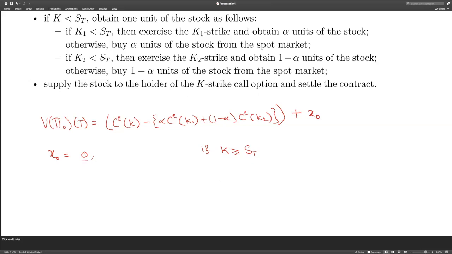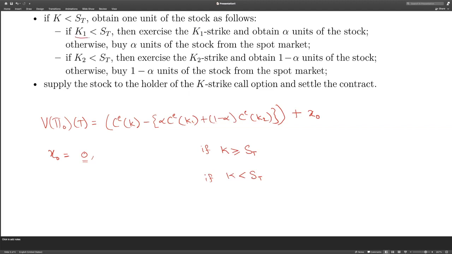If not, that is, if K is strictly less than ST, then the corresponding K call option holder will come to exercise the option. And since he has the right to buy the stock, you have to supply the stock, right? So let us see how you are going to supply the stock. You obtain 1 unit of the stock in the following manner.